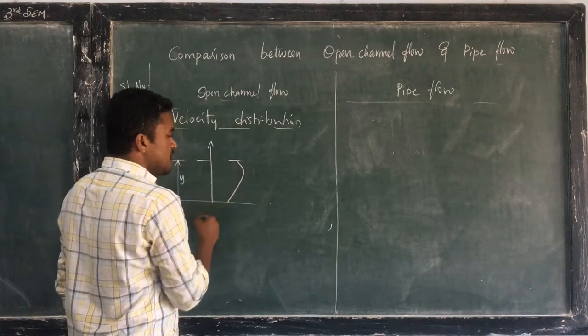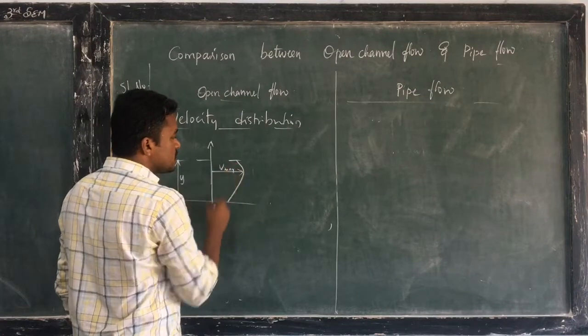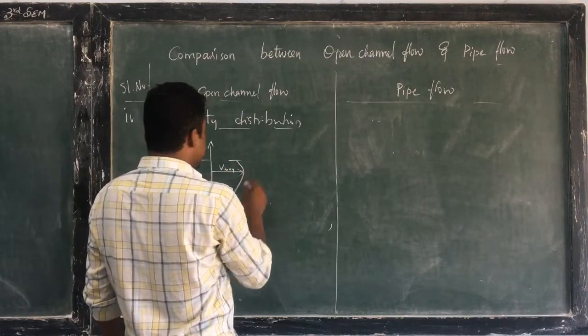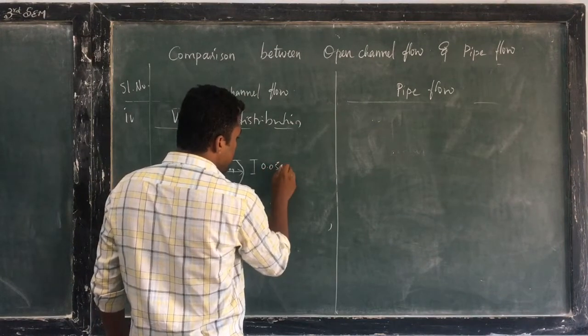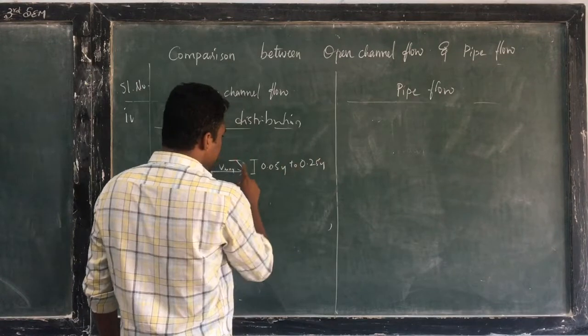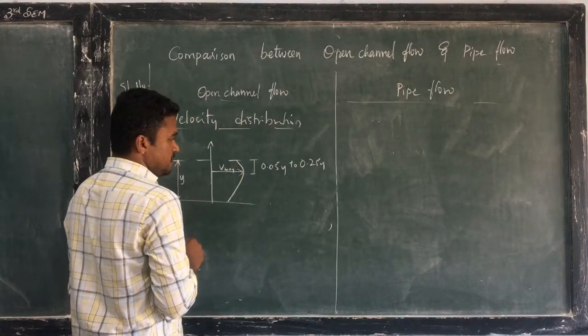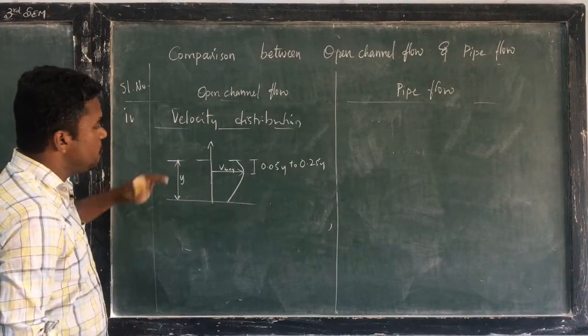It indicates that the maximum velocity occurs at a depth of 0.05y to 0.25y from the free surface, where y is the depth of flow.